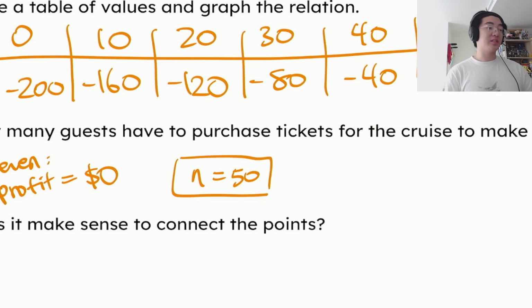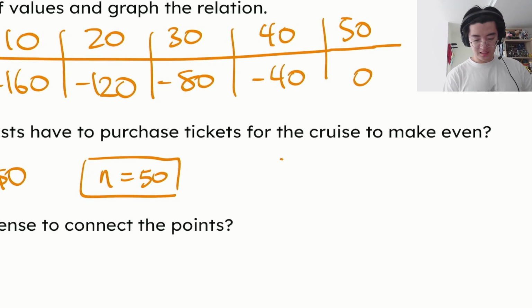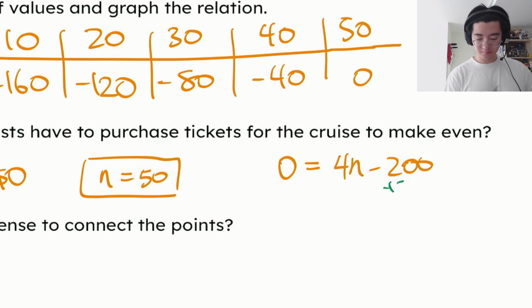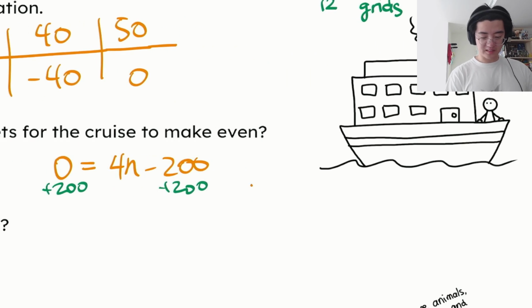Of course, we can solve it with algebra too. If 0 equals 4n minus 200, that's our original equation, reverse order of operations, so n is 50.